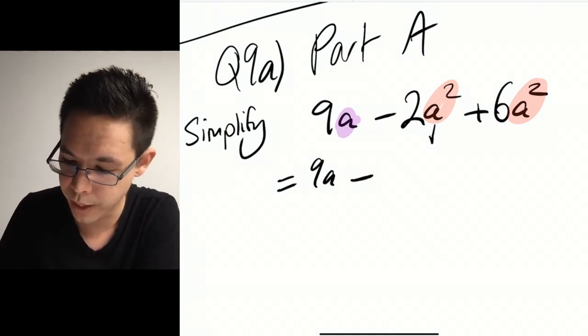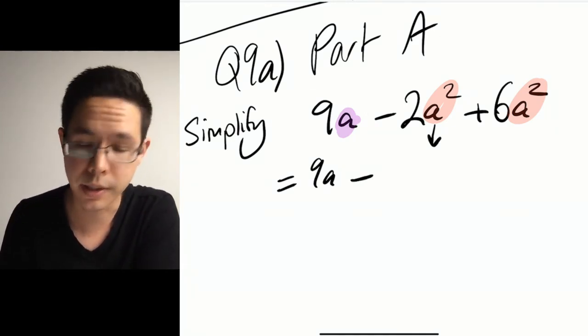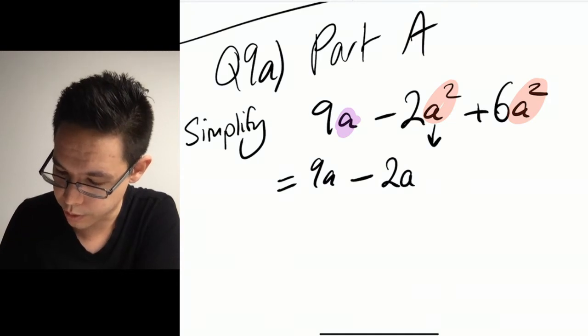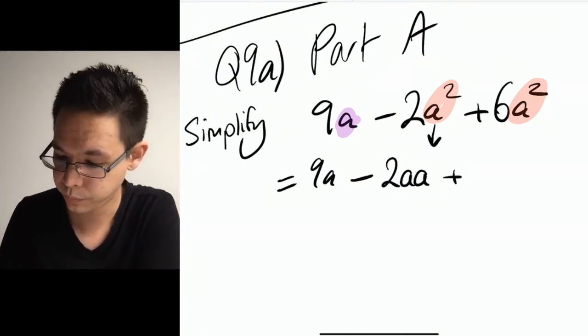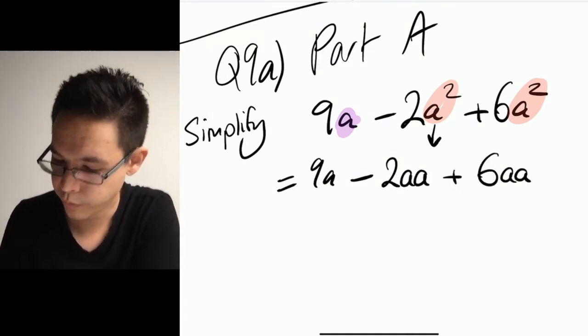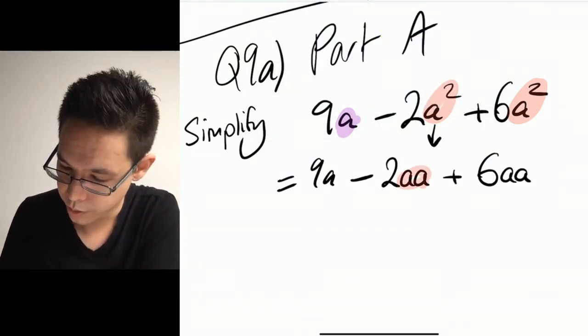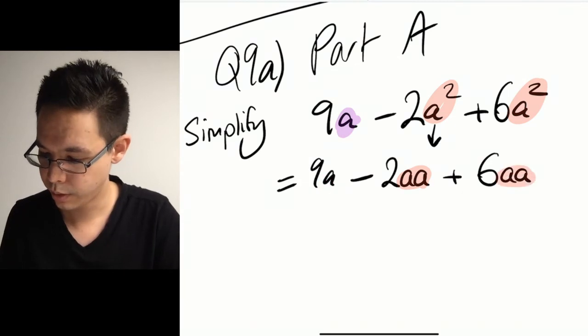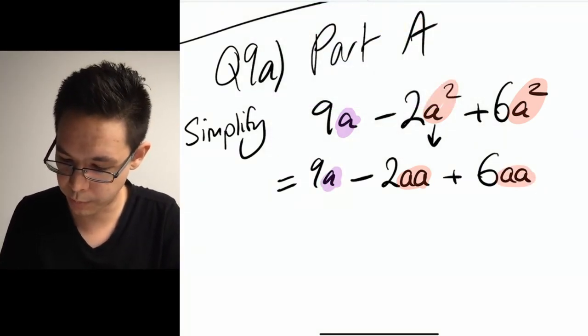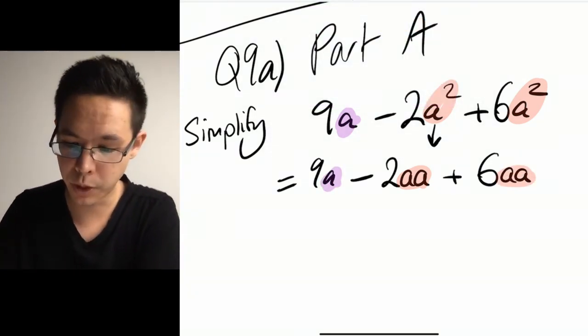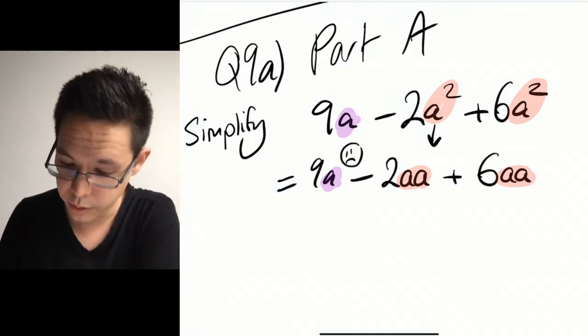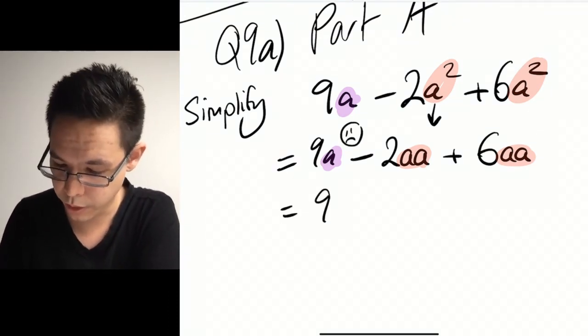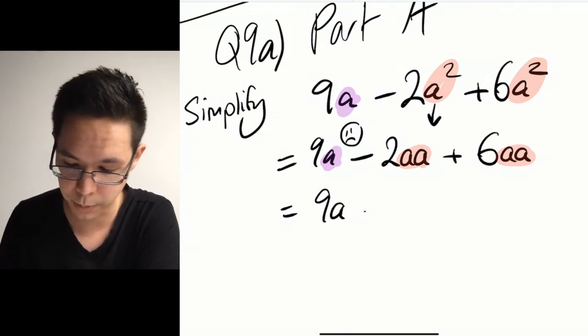If I expand what a² is, that's the same thing as a times a. Now if you look at it, these are not the same thing as that. These belong together because they're the same combination, but 9a is the only one by himself, so he's all sad. He has to stay by himself. He can't be gathered. He can't be solved with anybody else.